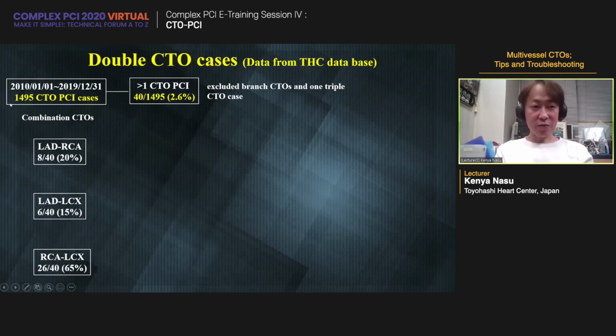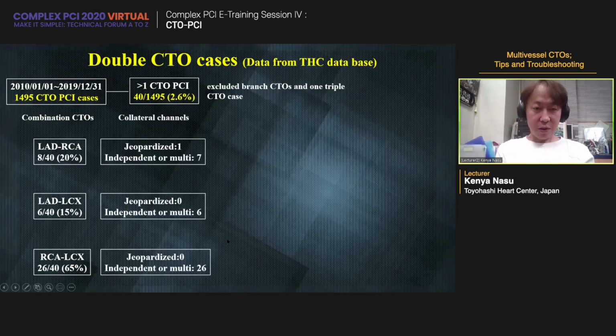So the combination of the CTOs was LAD and RCA in 20% of the cases, LAD and circumflex in 15% of cases, and RCA and circumflex in 65%. The collateral channels in most of the cases were independent, from multiple sources.